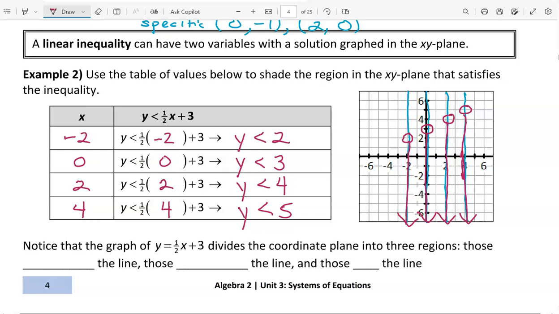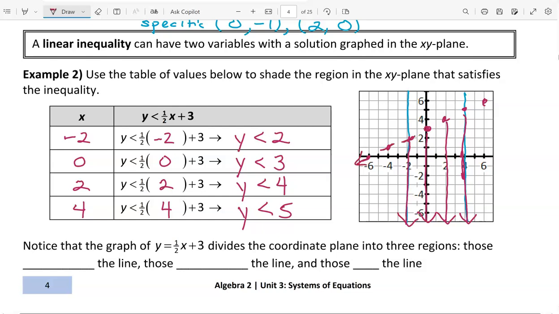So what I want you to notice is that the line y equals 1/2 times x plus 3 actually graphs at each of those endpoints right there. Now we have to have a way to say that all the points on the line are not included.